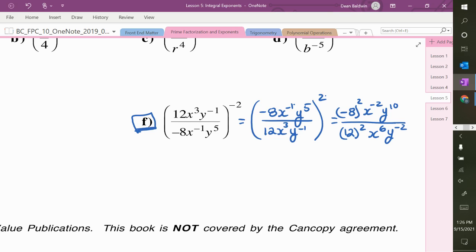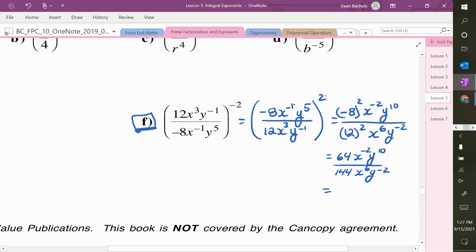Okay. What's negative 8 squared? 64, positive. I'm just going to leave the x's and the y's for now. What's 12 squared? 144, x to the 6, y to the negative 2.